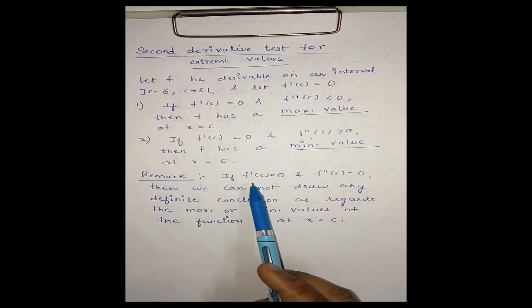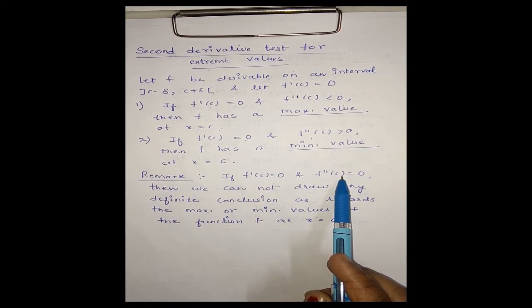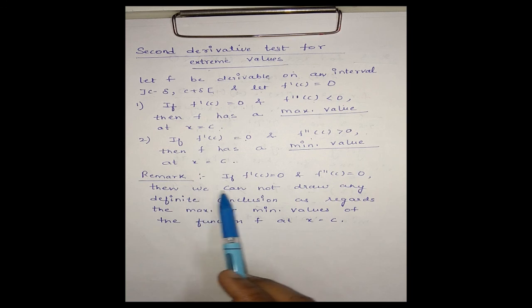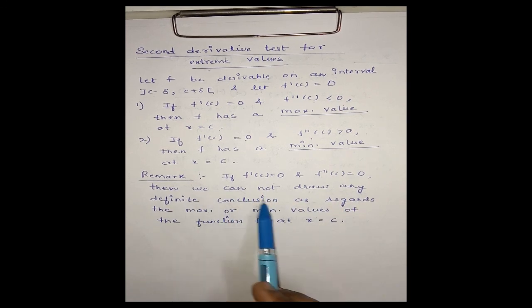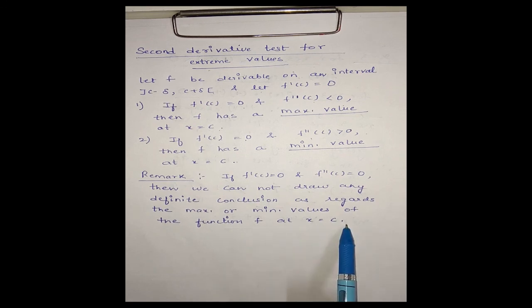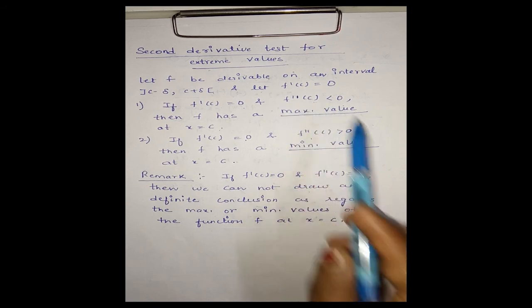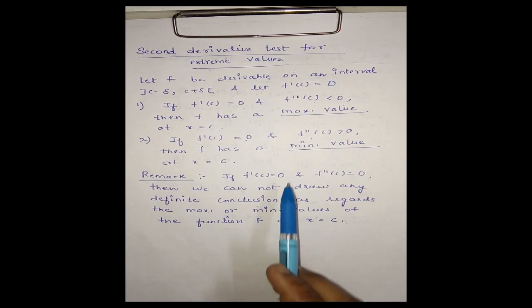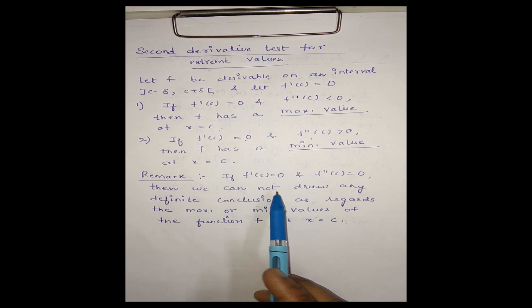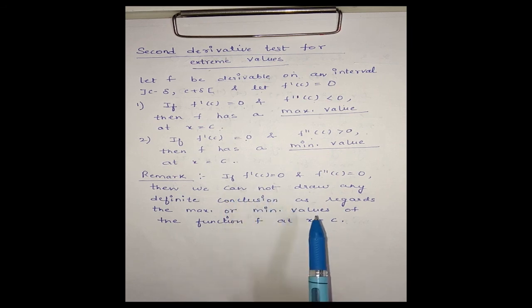Here we note that if f dash c is 0 and f double dash c is also 0, then we cannot draw any definite conclusion regarding the maximum or the minimum value of the function at x is equal to c. If f double dash c is also 0, then we cannot reach any conclusion whether f has a maximum value or a minimum value at x is equal to c. Clear?